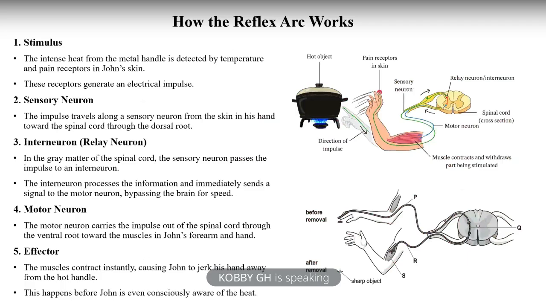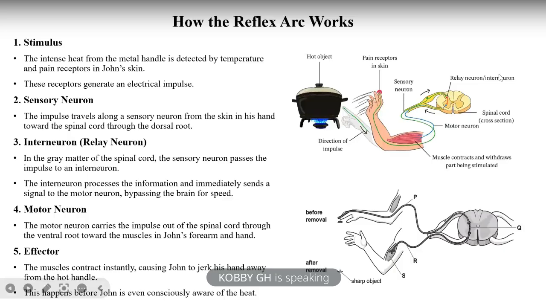So I have another image over here. It's the same thing. Here we have a hot object, and the hand is touching it. The pain receptors in the skin will pick the stimulus, and then it will be transmitted along the sensory neuron to the relay neuron or the interneuron.